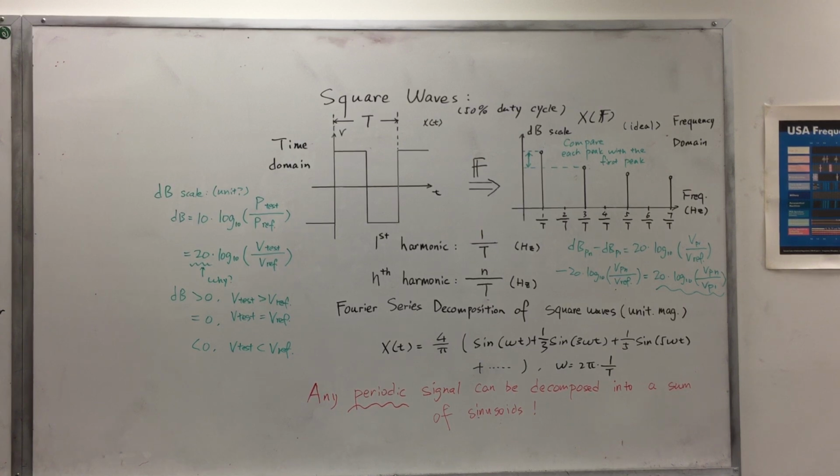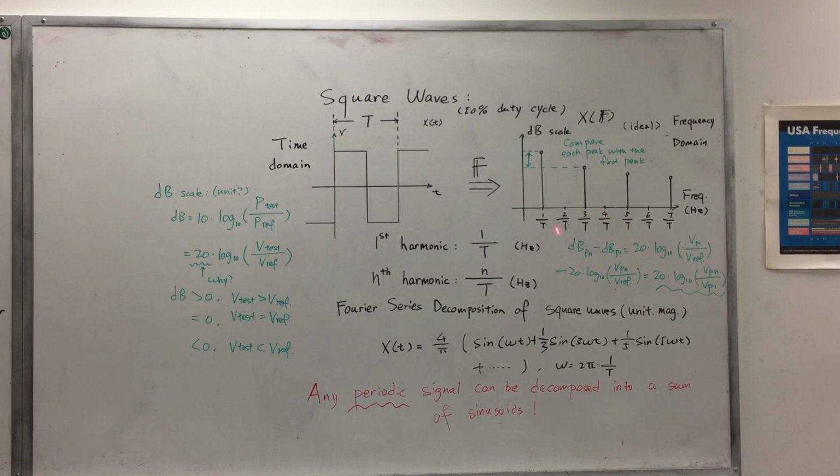So why are we able to do that? Remember, what we want is a comparison between the nth peak with respect to the first peak. So what we want in dB scale is really 20 times log base 10 of V at the nth peak compared to V at the first peak.